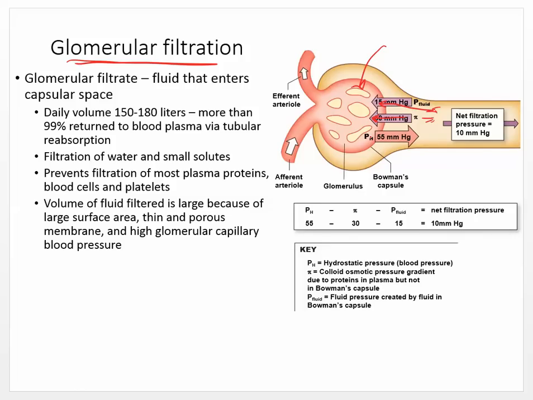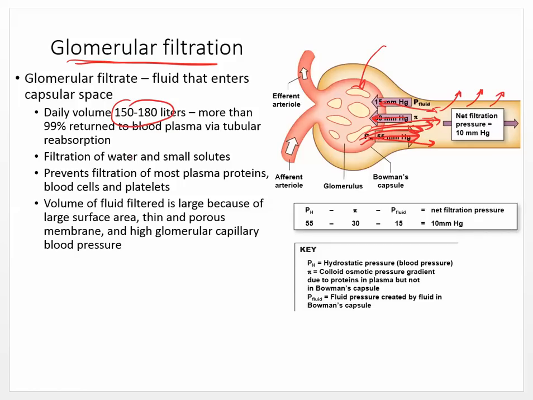But overwhelmingly, we have this thing called hydrostatic pressure, which pushes it in this direction. So unless you have a malfunction or some kind of kidney disease, you always have fluid being pushed into the nephron. In fact, it's about 150 to 180 liters, but of all of that fluid that's moving in, most of it is reabsorbed.